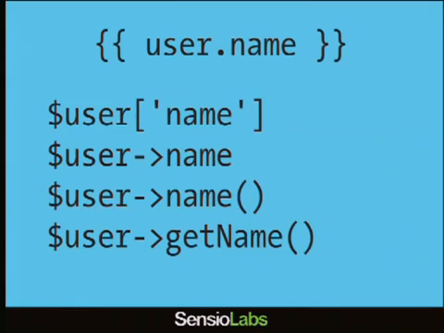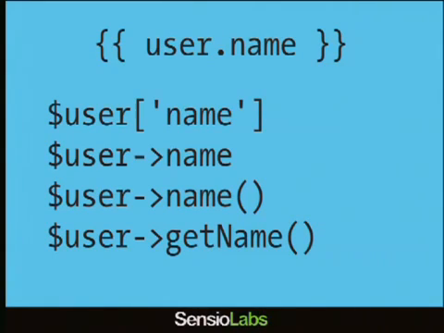It doesn't need to know if it is an object or an array or a string or whatever, really. It knows that if you want to get the name property of the user variable, it can just use the dot. And behind the scene, Twig is going to try several different things.